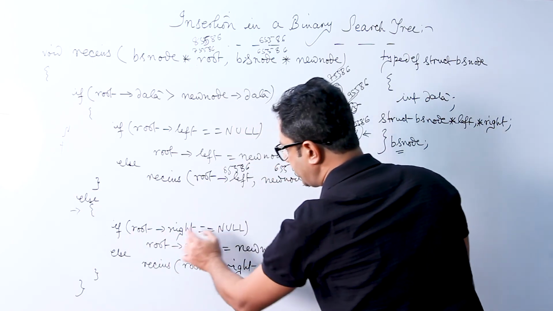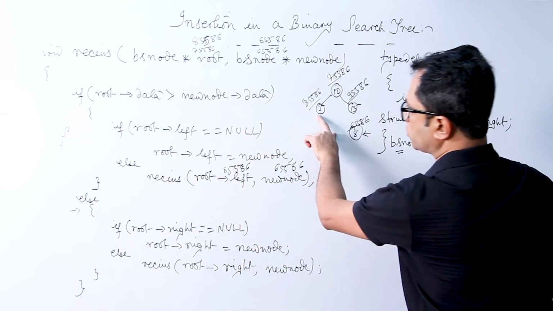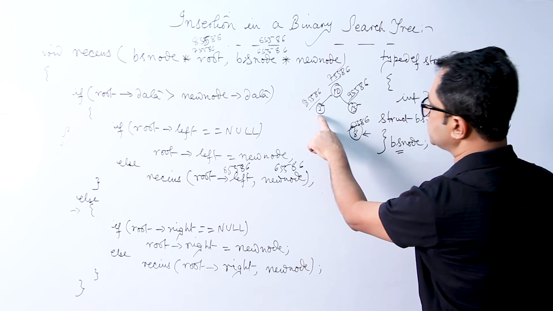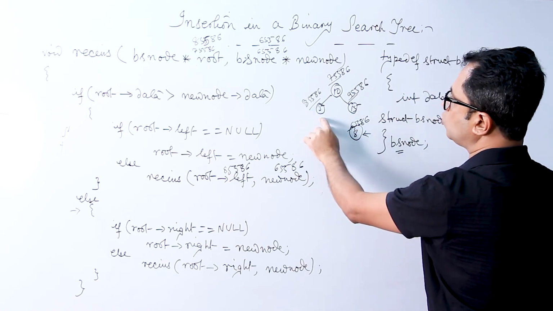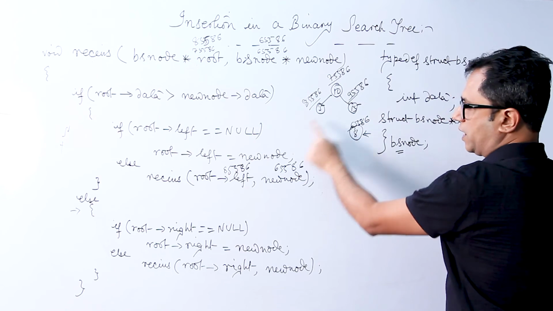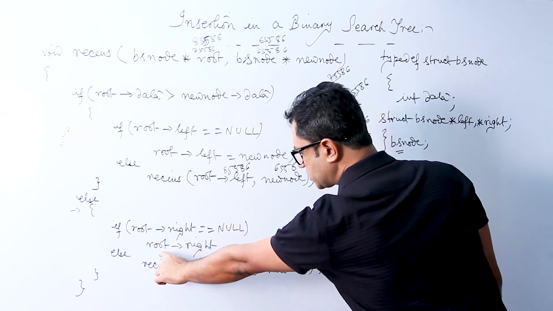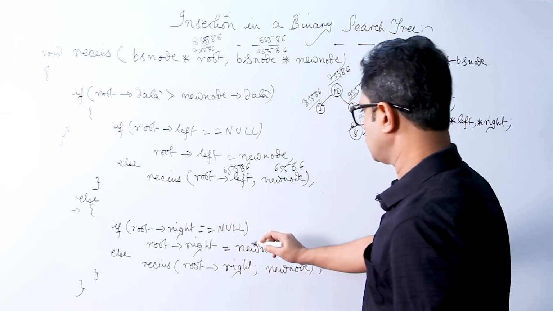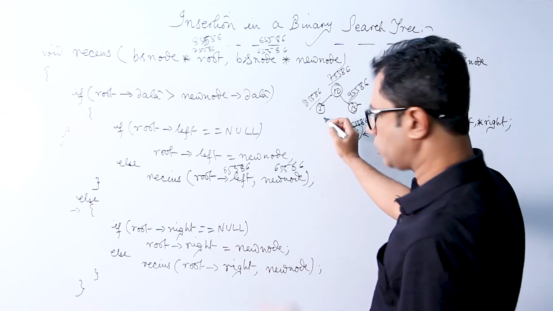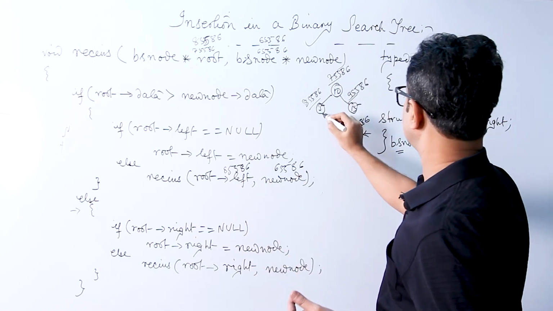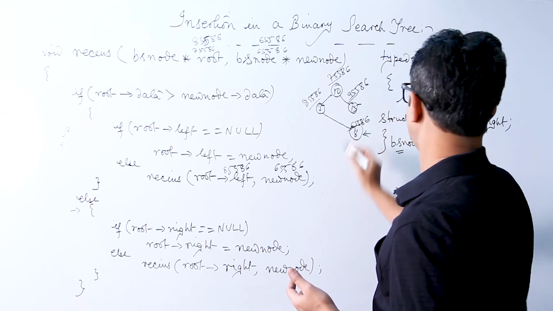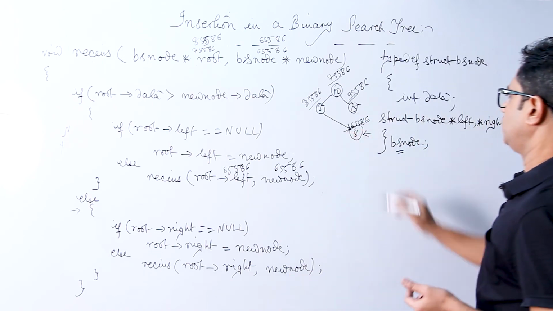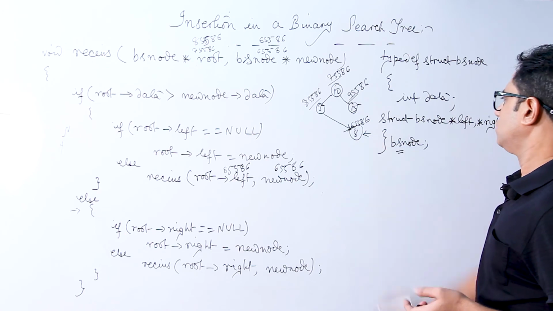If root right equals null: what is this root right? The root is now 85586, the root right is null, definitely it is null, and in that case I have written root right is equal to new node. So root right will be set to 65586. That is, root right will be pointing to this node containing the value 8.